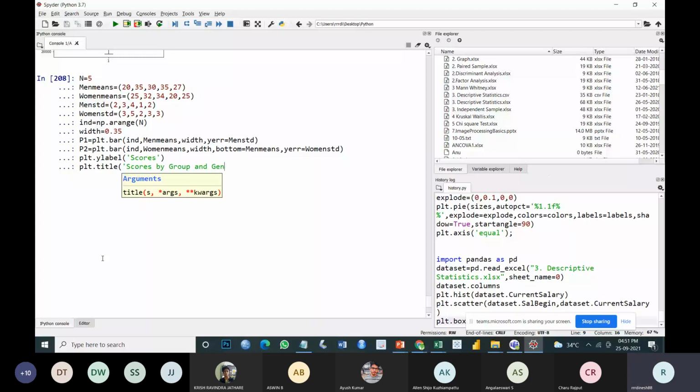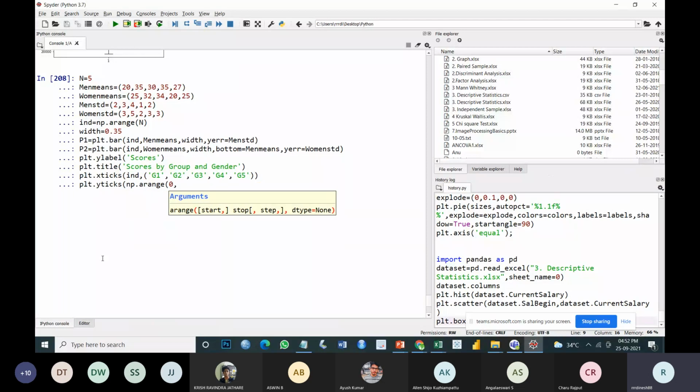Then plt.xticks of ind, g1, g2, g3, g4, g5. plt.yticks of np.arange of 0, 81, 10.